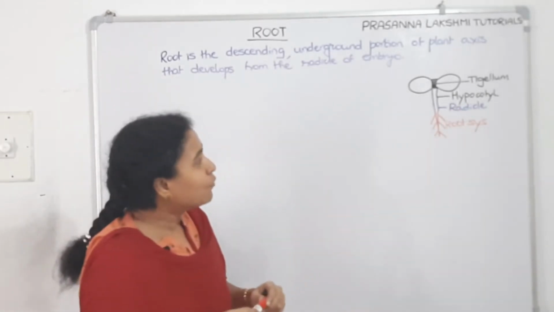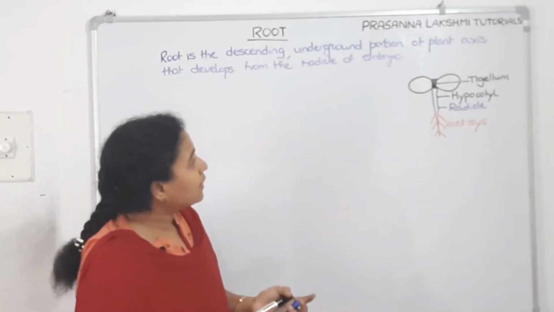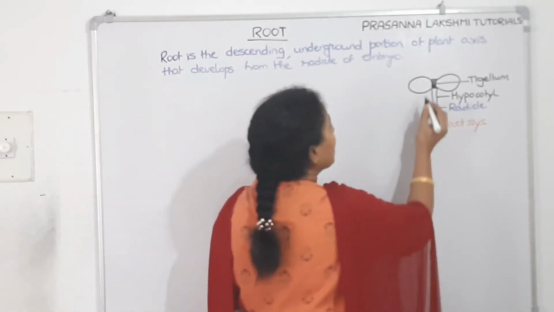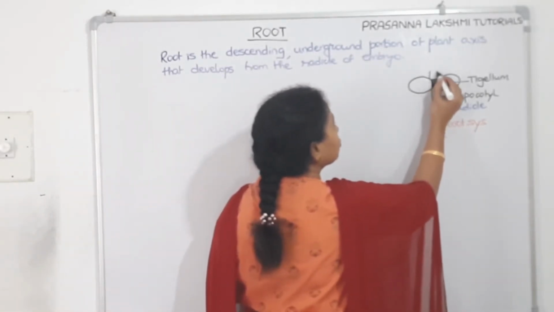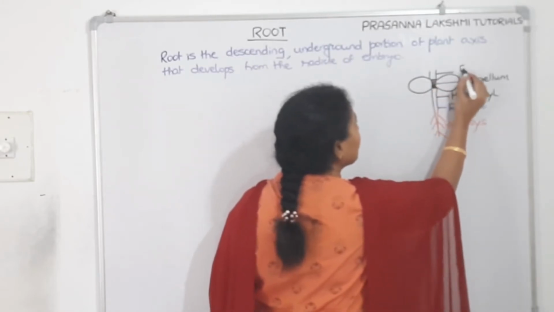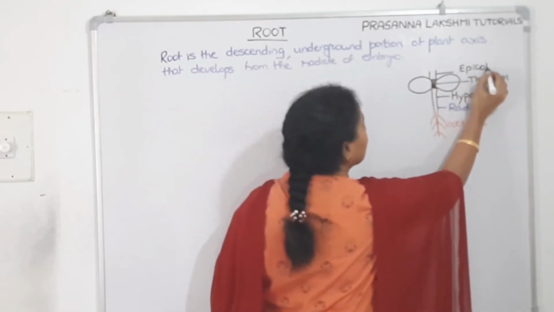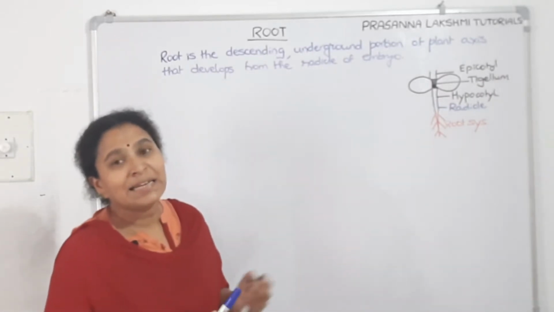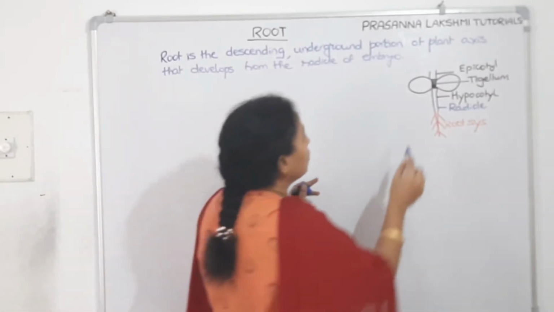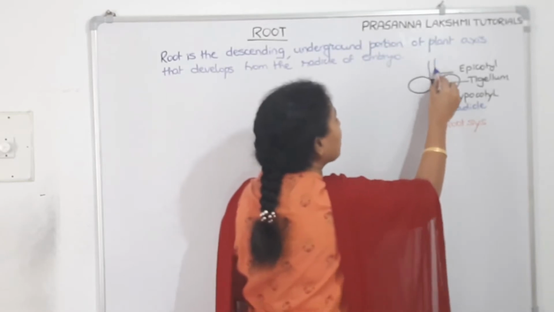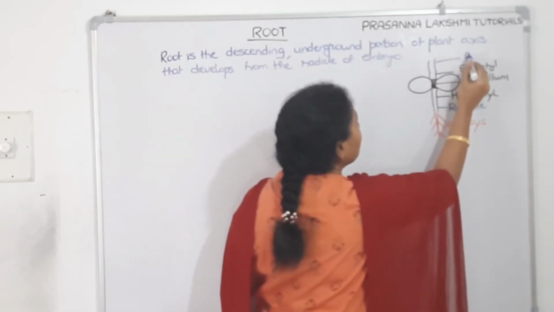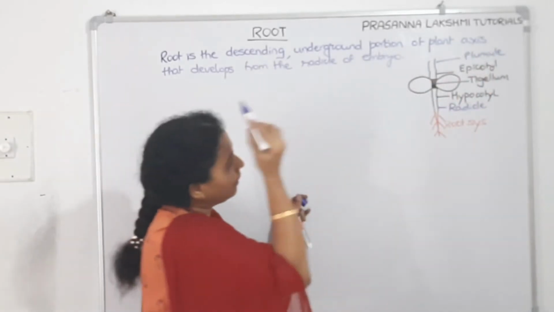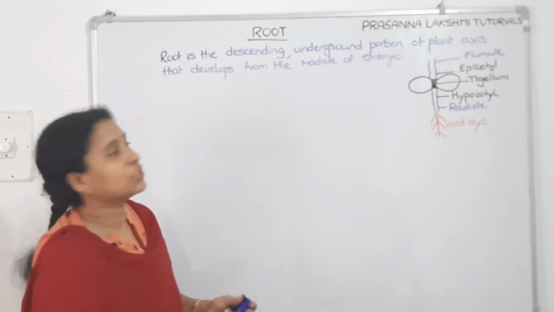Now parallelly, the portion of the embryonic axis which is above the cotyledons is called epicotyl. And this epicotyl grows and it will make plumule. What is this portion called? It is called plumule. And the plumule grows further up and it makes the shoot system.